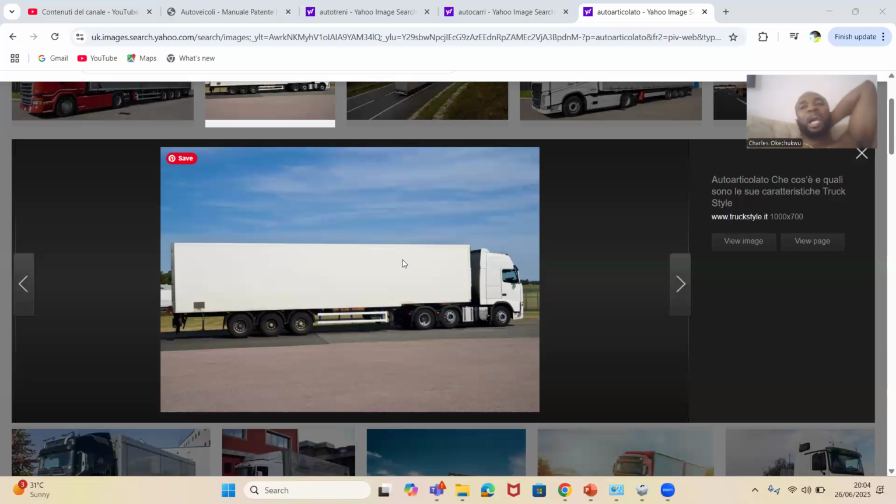So don't forget it. An auto-articulator, she just said, is a motrice carrying a semi-remorque. Simple. Because now we understand, a big container is called a semi-remorque. Or you say, a trattore stradale carrying a big container. Can you repeat that again, sir? Trattore stradale carrying a semi-remorque.